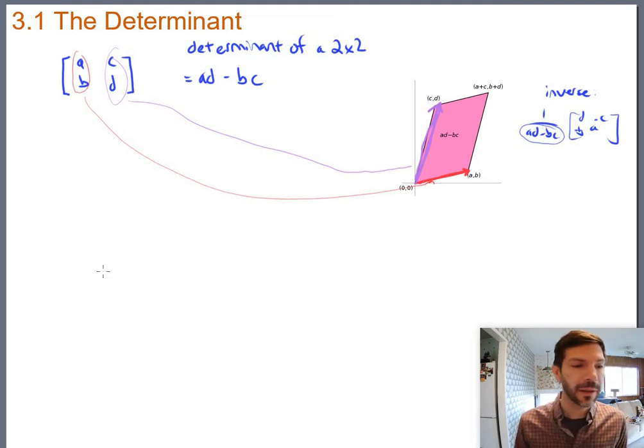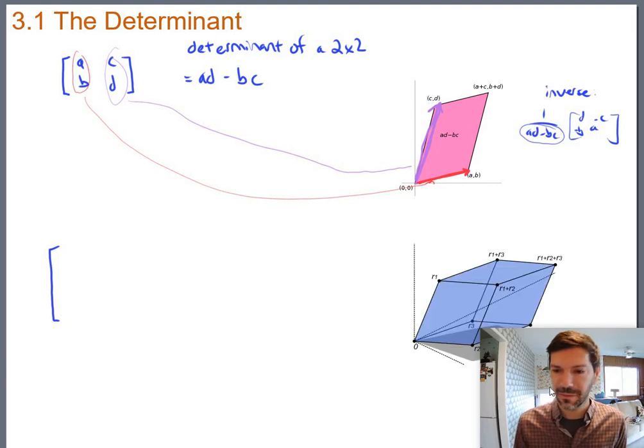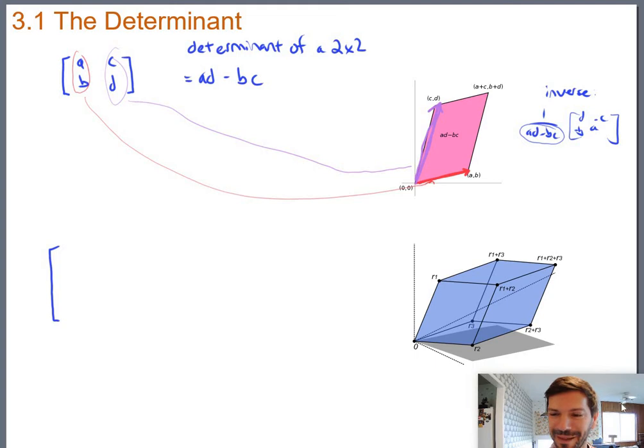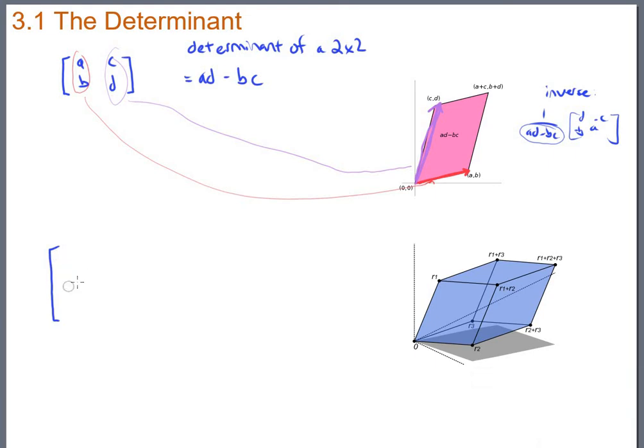Okay, and likewise for a 3 by 3, if you've got vectors that make up the columns, I'll call them R1, R2, and R3. But keep in mind those are columns.